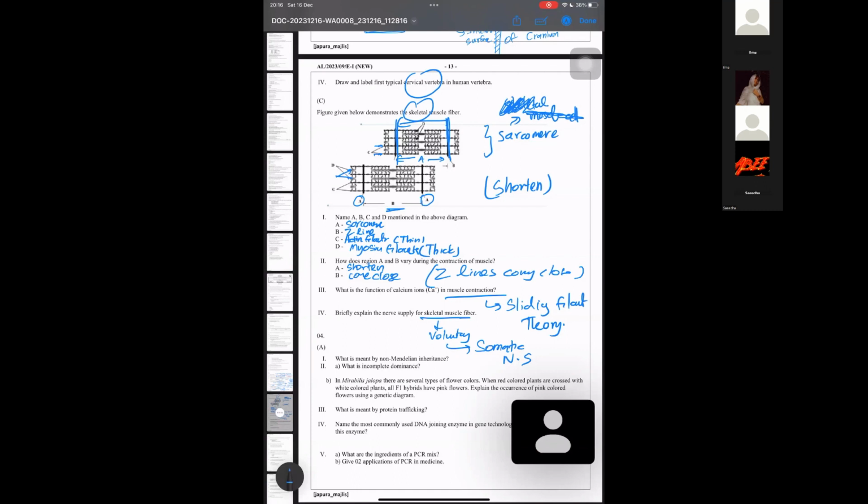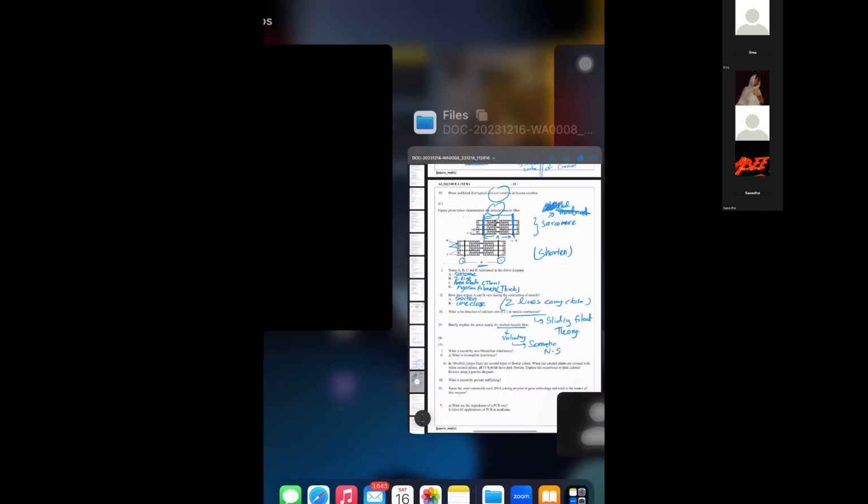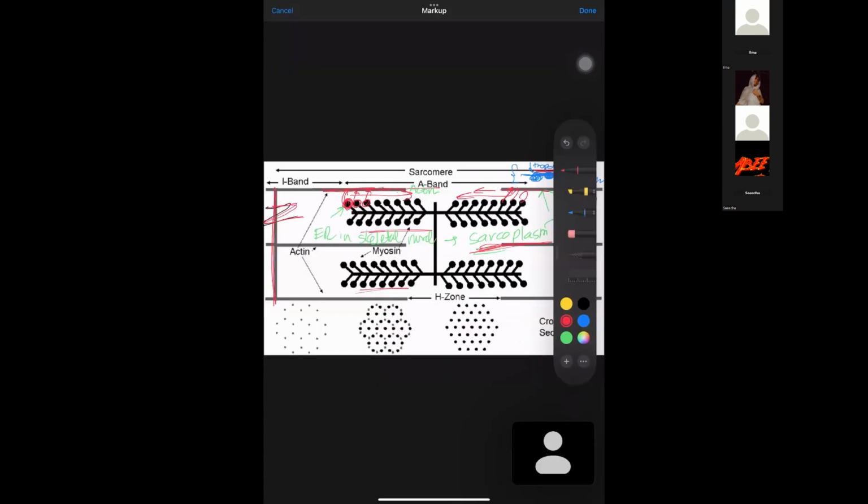If you see this diagram, can you see this diagram here? So calcium ions, what do they do? Calcium ions go and bind to troponin. Here, calcium ions released from the sarcoplasm go and bind to troponin. Troponin is also a protein present in actin.